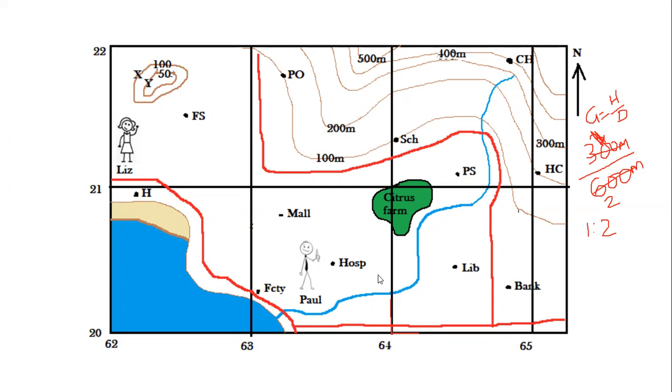And the reference point, the point from which we are giving the direction, would be the factory. And so what we can do again is draw a line connecting the two places, and then draw our compass points at the reference point.